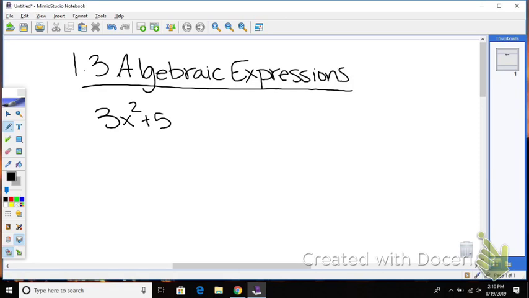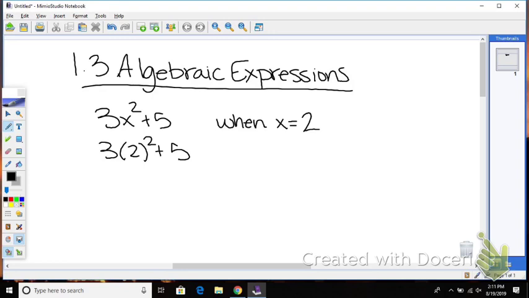If I have it written like this, it is simplified. But then if I said evaluate when x equals 2, what are you going to do with the 2? You're going to plug it in where? For the x. So you're going to have 3 times 2 squared plus 5. And then it just becomes an order of operations problem to evaluate.